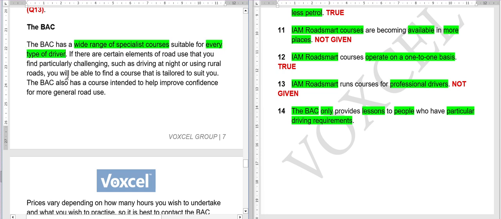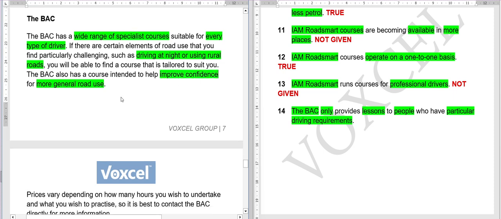If there are certain elements of road use that you find particularly challenging, such as driving at night or using rural roads, you will be able to find a course that is tailored to suit you. The BAC also has a course intended to help improve confidence for more general road use. So if you are having this particular issue, driving at night, using rural roads, they have a course for that. Or just if you want to improve your confidence, they have a course on that too.